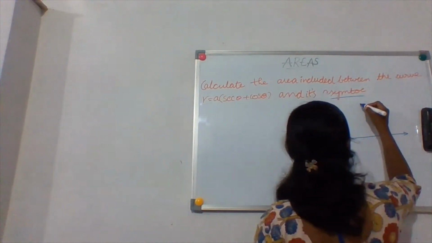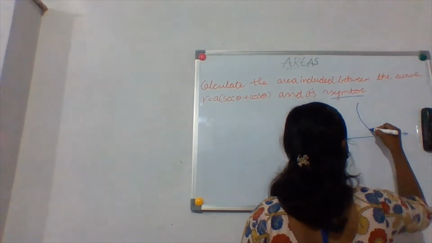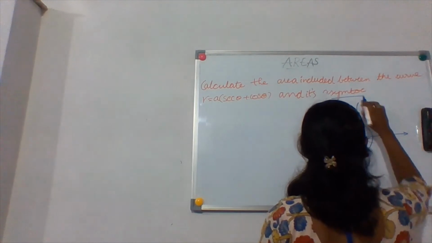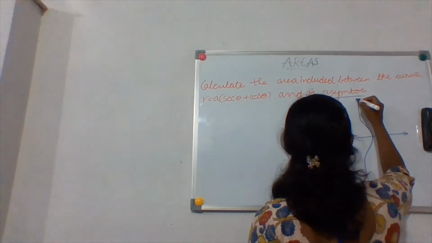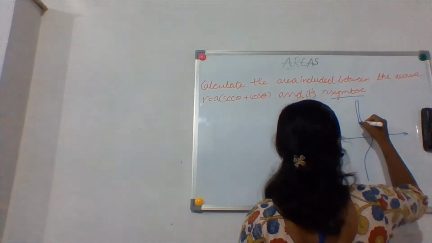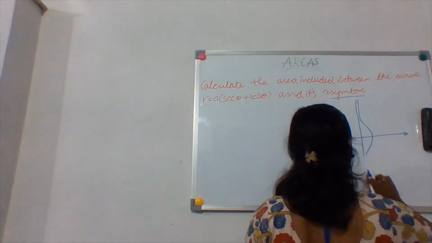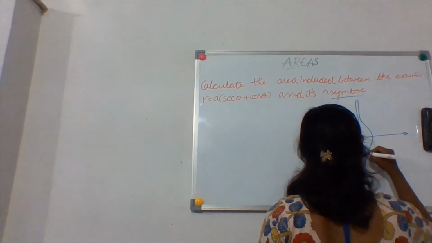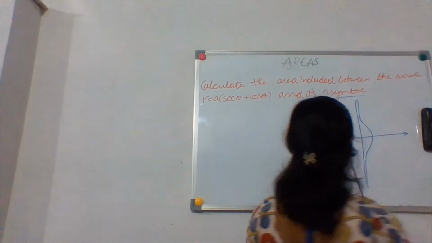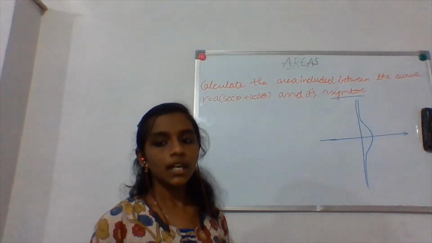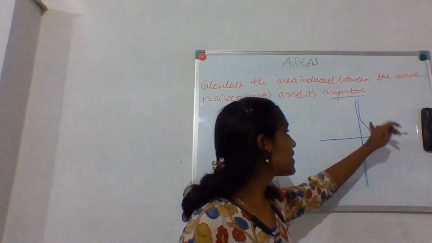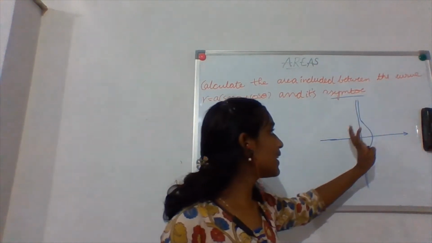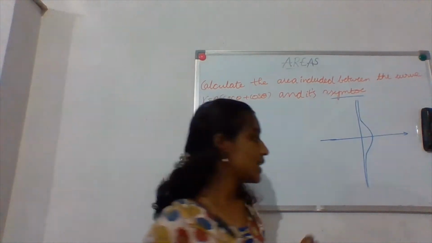That curve will be like this, and its asymptote will be like this. Now you have to find the area between this curve and its asymptote.